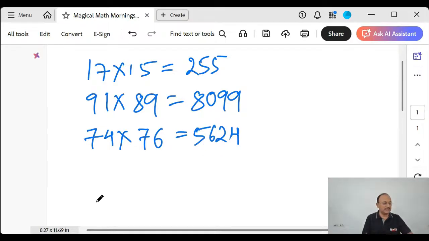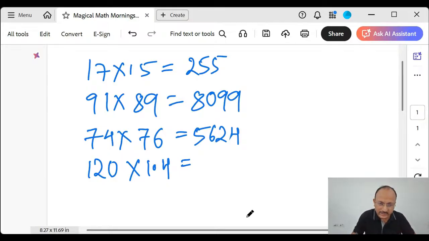Let's try to do this quickly. 120 into 1.4. Now let's make it a little more complicated. 120 into 1.4. Whenever we have one decimal number and the other number has a 0, what we do is remove the 0 from the multiplicand and multiply the multiplier by 10.